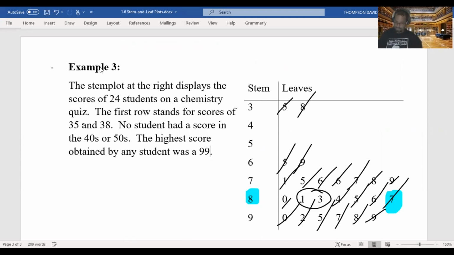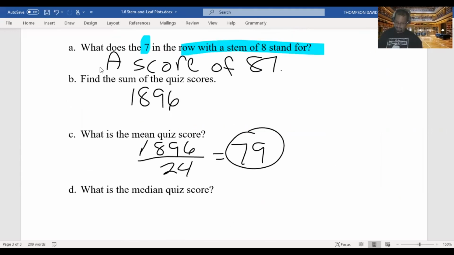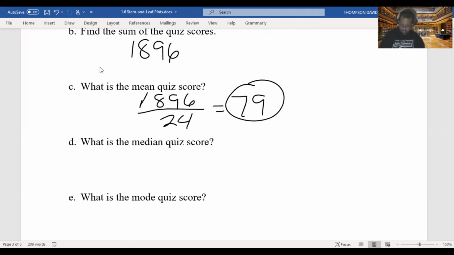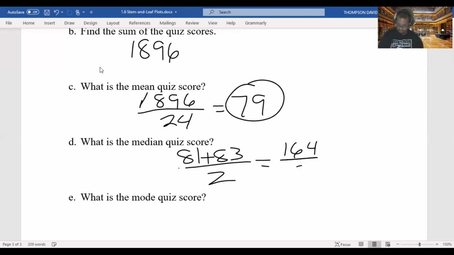Looks like we have a tie for 81 and 83. So when there are two middle scores, we add them together and divide by 2. So 81 plus 83 would give me 164. Divide that by 2, and that gives me a median quiz score of 82.